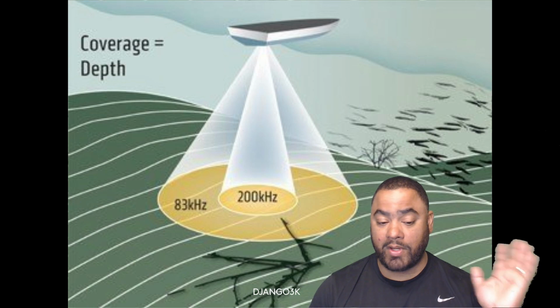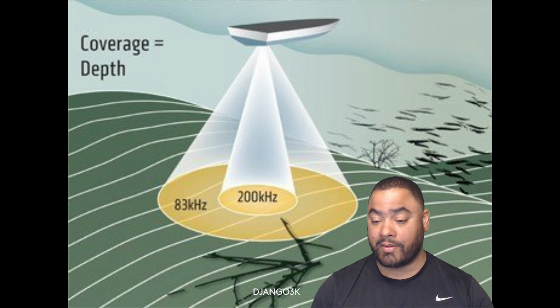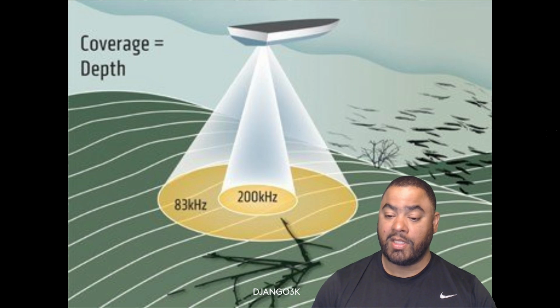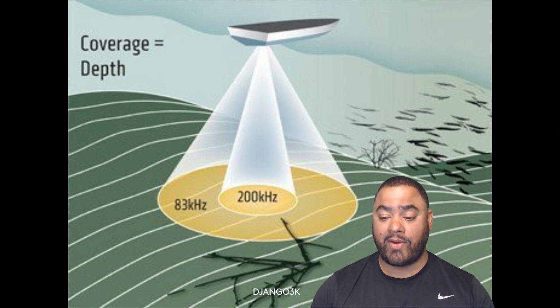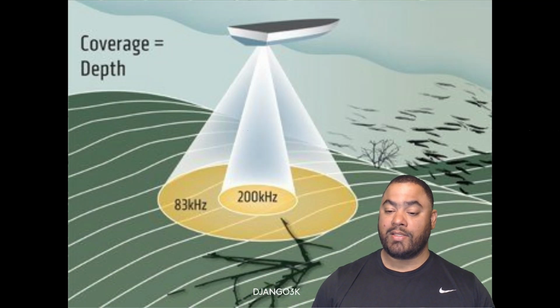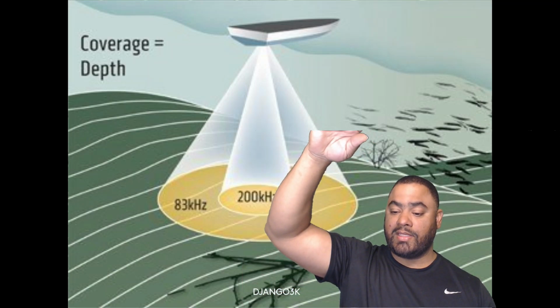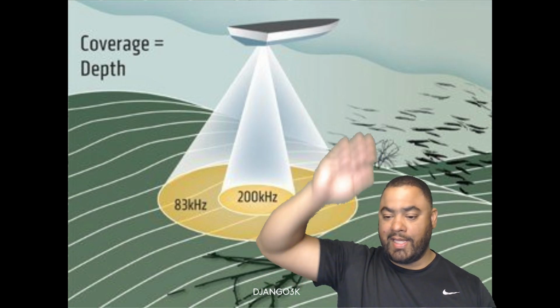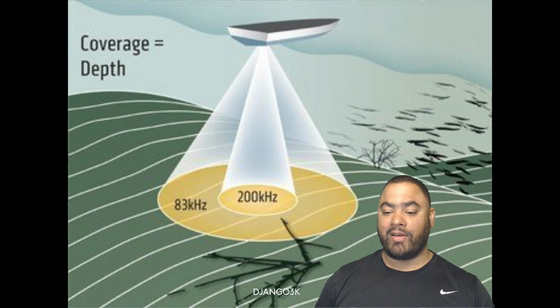Some units have 400 kilohertz frequencies and better, but for time's sake we're going to use this representation. 200, as you can see in the graph, is a faster signal, meaning when the transducer pings, it pings back and forth very fast, hitting the object and coming back very fast.